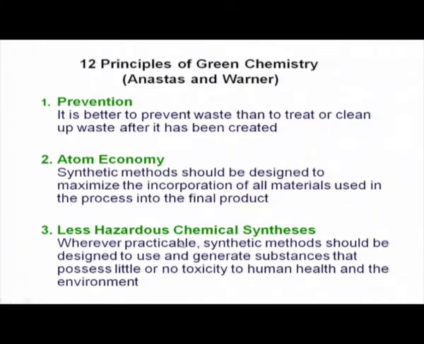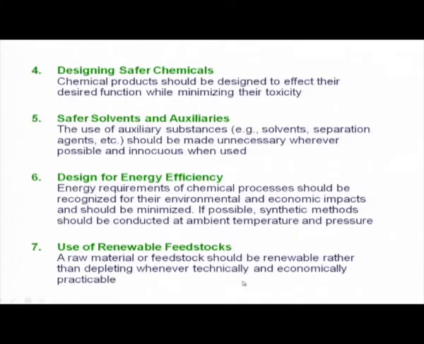The fourth one is designing safer chemicals. Chemical products should be designed to affect their desired function while minimizing their toxicity. That is the safety of the chemical whatever we are going to use.